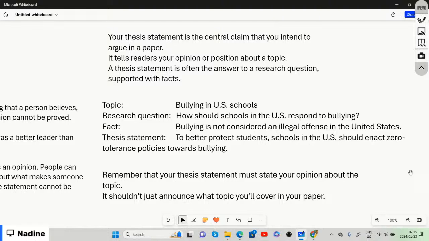And if we look at an example, the topic of a thesis statement, for this example, is bullying in US schools. So bullying in United States schools.